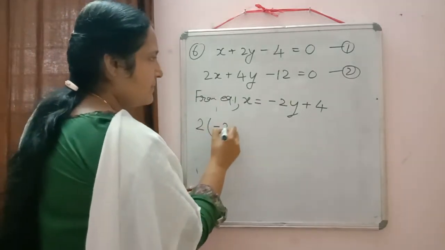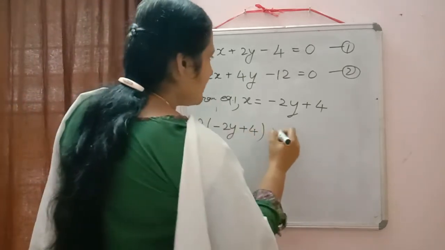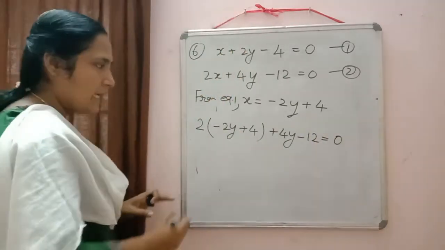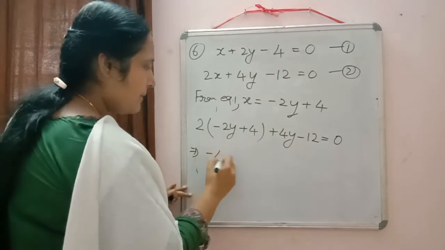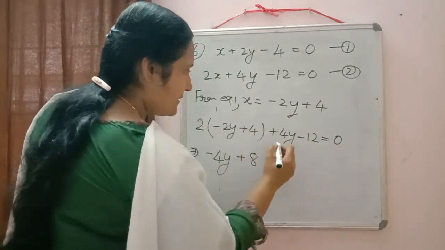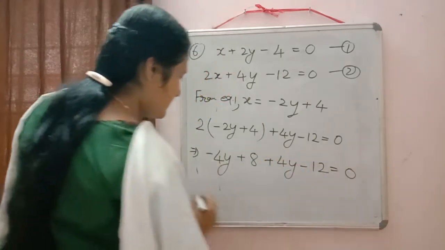So 2 into minus 2y plus 4 plus 4y minus 12 is equal to 0. Then what we will get: 2 into minus 2 will come minus 4y plus 2 4s are 8 plus 4y minus 12 is equal to 0.